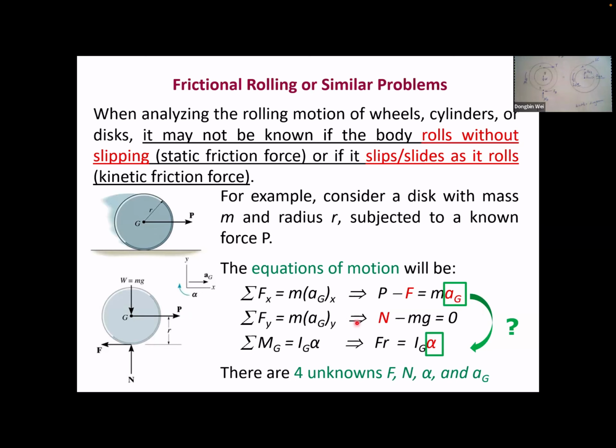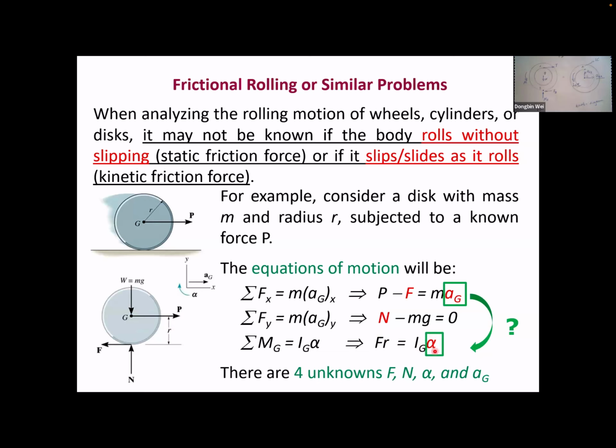Along y direction, we have reaction force N, but N may be easily resolved. For the rotational component, if our calculation is about the mass center point G, we have one unknown, alpha.